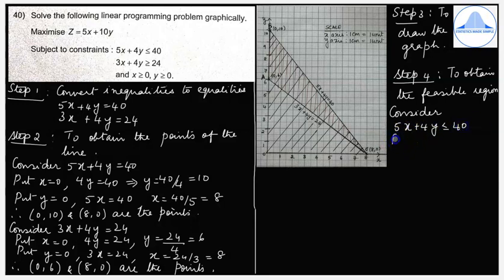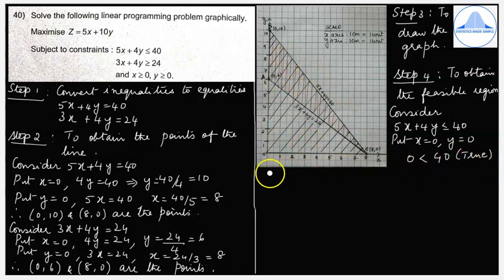In this, you put both x equal to 0 and y equal to 0. On the left hand side you'll get 0, on the right hand side you have 40. Check whether 0 is less than 40. It is less than 40, and so you will write true. Whenever it is true, you have to shade towards the origin.